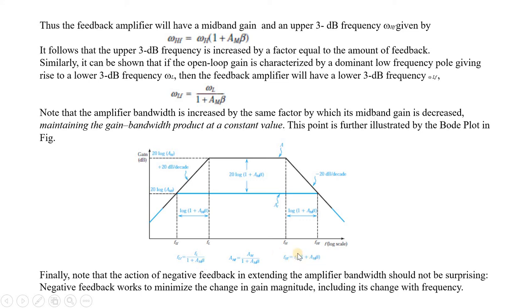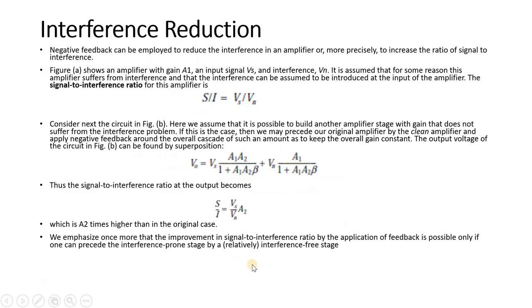Here it is multiplied, because here it has been lessened, whereas here it has been increased. So AMF is nothing but AM divided by 1 plus AM into beta.